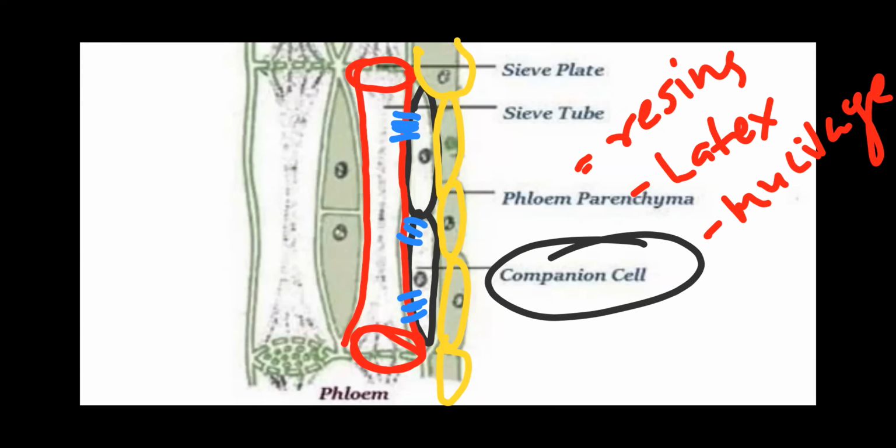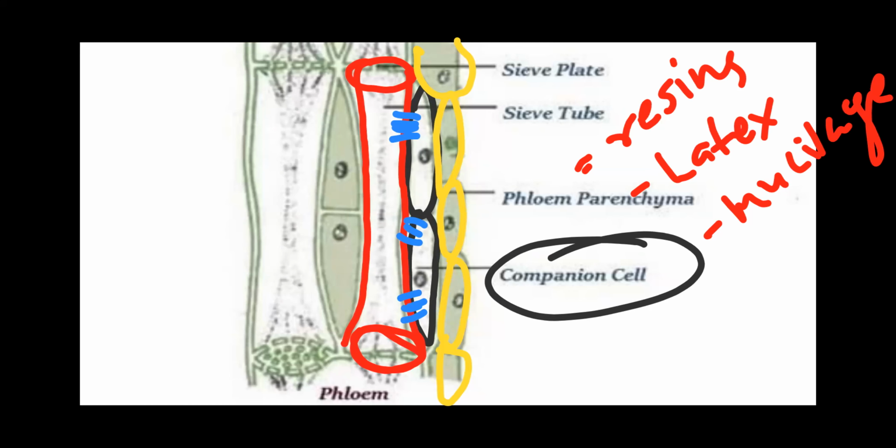Living parenchymatous cells, elongated, tapering in shape, cylindrical in nature, with a dense cytoplasm and nucleus, present on the outer side to the companion cells. They also possess pits in their cell walls, via which they can communicate with each other and carry out plasmodesmatal connectivity, and transport of material is possible via them.